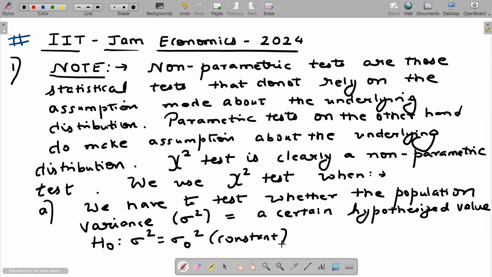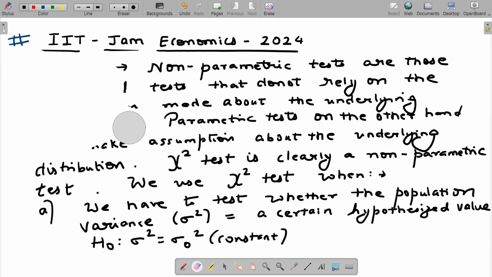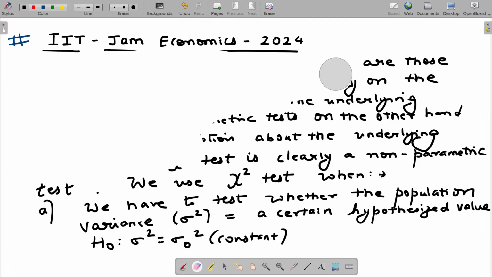assess the categorical data. So I can write on the top, if I erase the initial portion, I hope students have all noted this down.